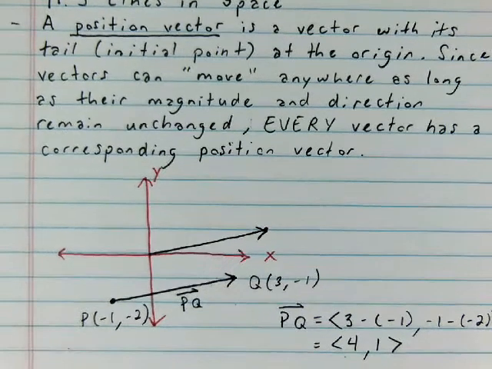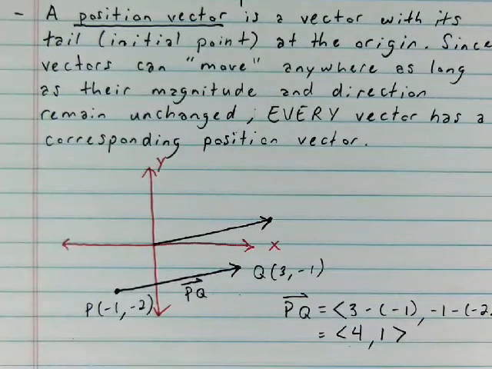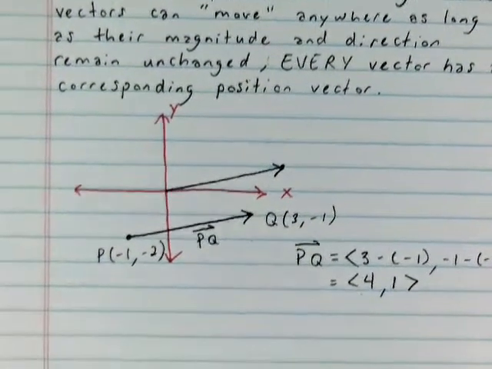All right, so now that we have position vectors, we can talk about the vector equation of a line.